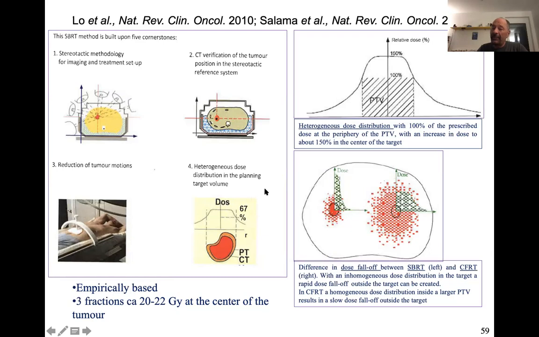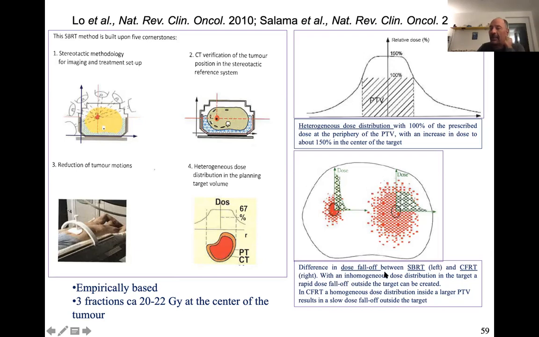And the other thing is that if you want to give this treatment, you have to accept a heterogeneous dose distribution. So if you want to reduce the time, you want to give more than 100% to the center of the tumor, something like 150%.